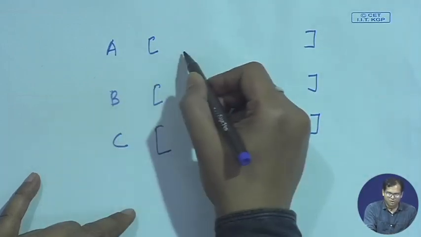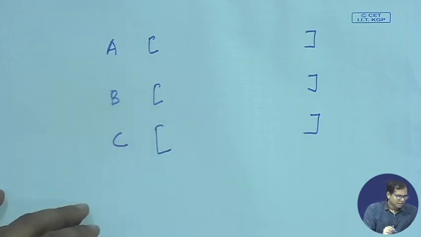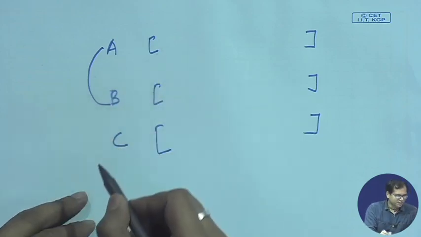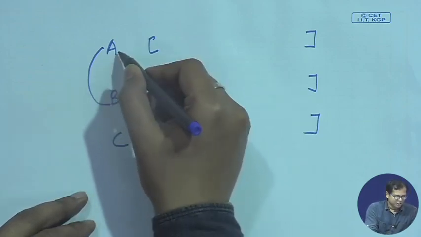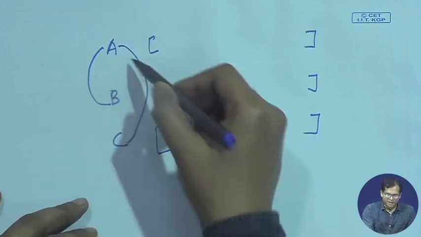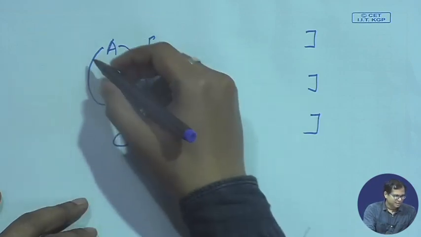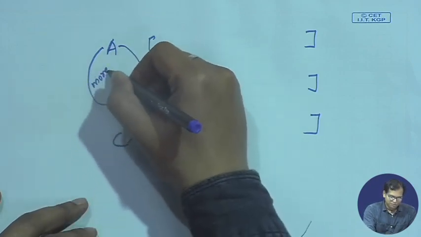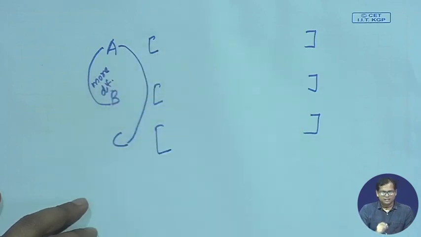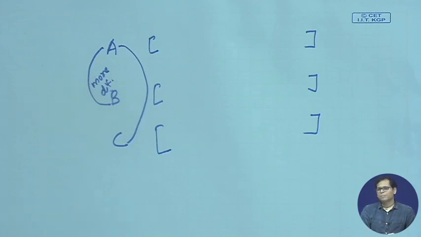So I have distributions for A, B and C. Now, if the distributions of A and B are more different than those of A and C, then A and B are more different than A and C in meaning also.